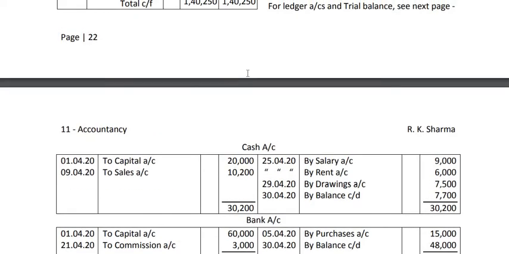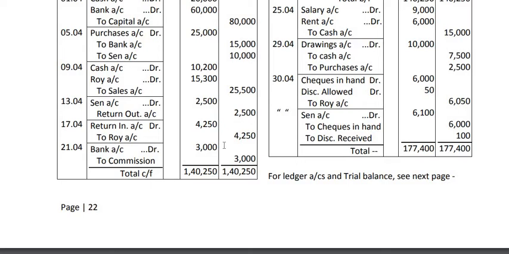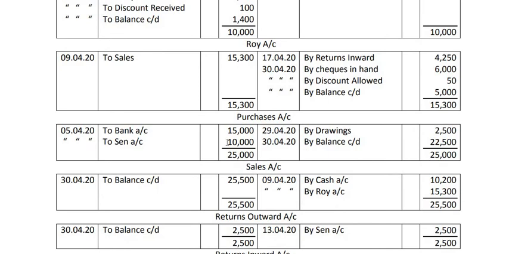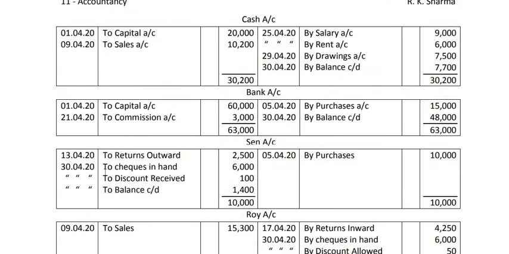Okay. Then there is no more transaction in Sen account except the last one. This one. Sen account debit to cheques in hand, to discount receipt. So in Sen account we shall write to cheques in hand account 6,000 and to discount receipt 100. So see what I have written. Now we can balance this Sen account.